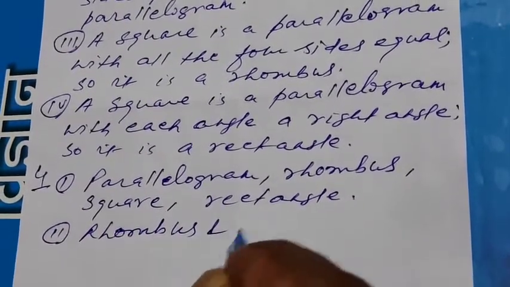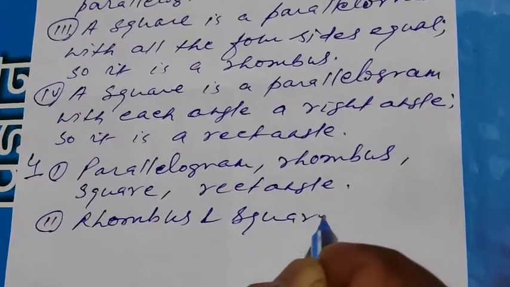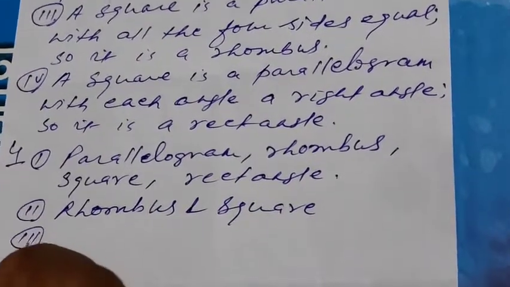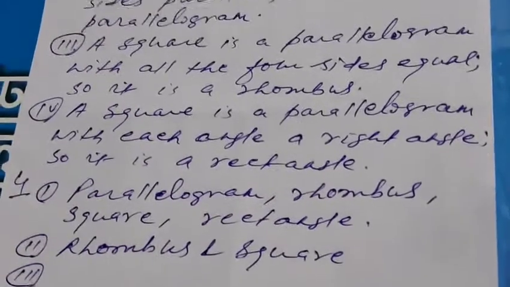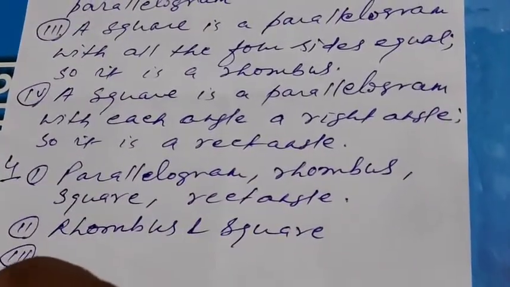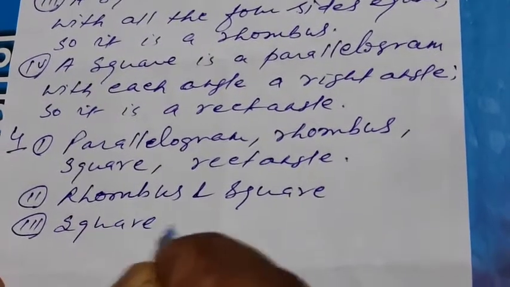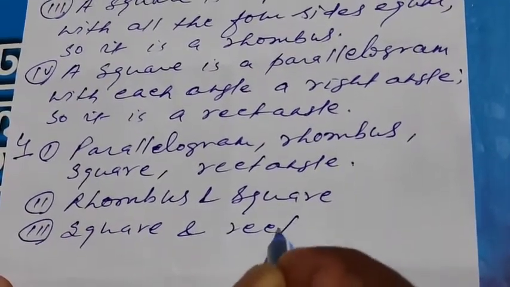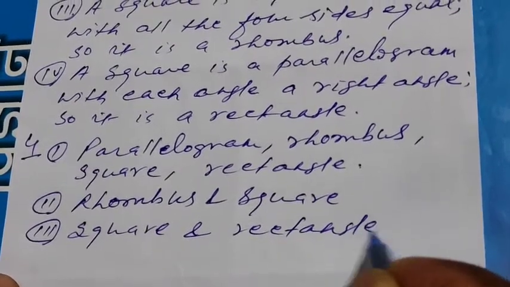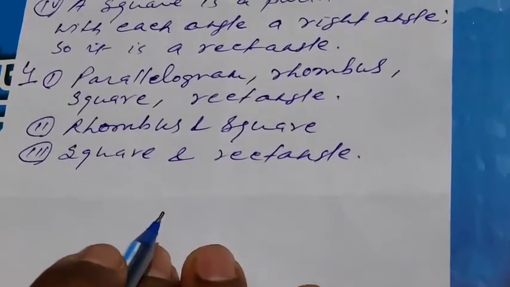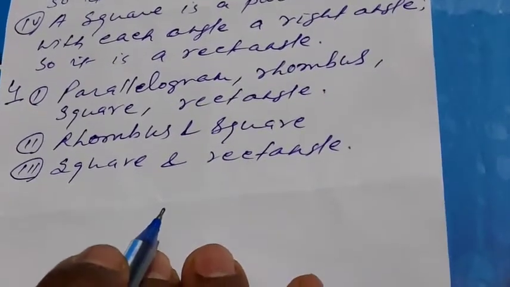Third, diagonals are equal: a square and a rectangle. Question 5 is for you. And now come to question number 6.